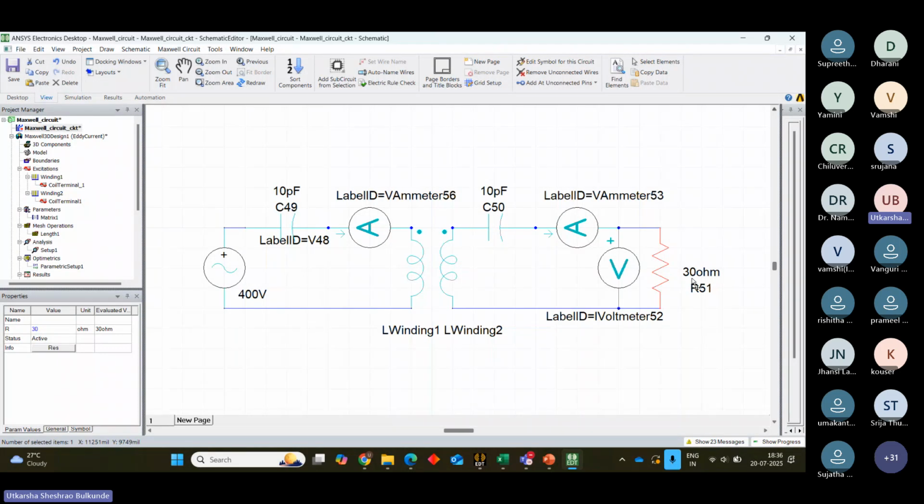Are you guys understanding? See, in the morning we discussed this. I don't think you remember. First we will see this, then we will see how this 30 ohm has come, right?